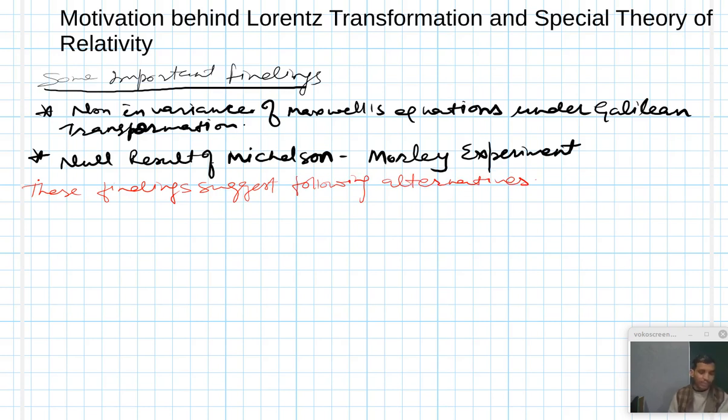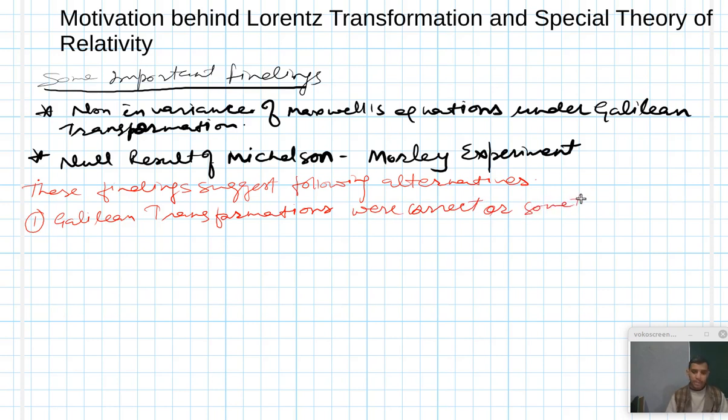First of all, the first thing that may be possible is that Galilean transformations were correct, and something is wrong with the Maxwell equations.